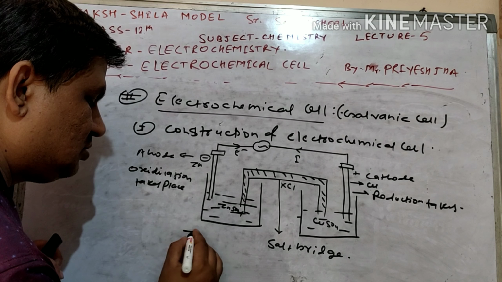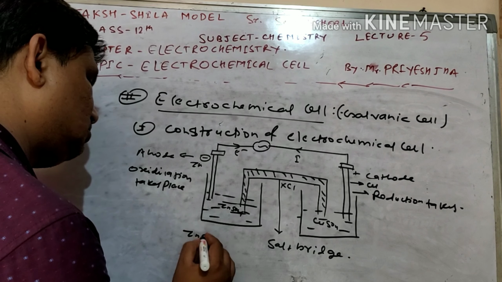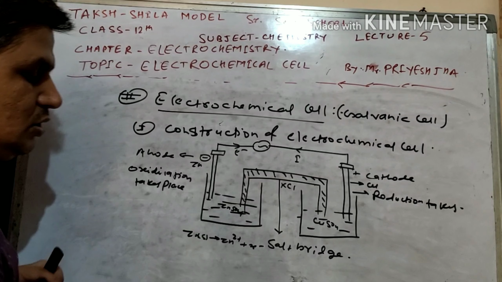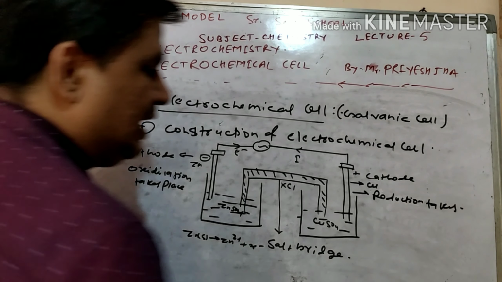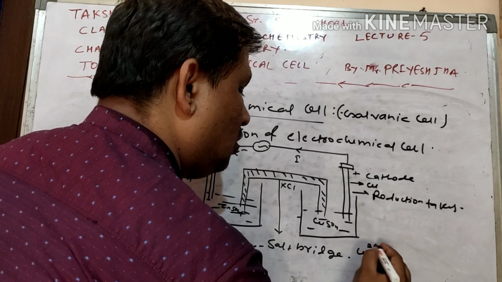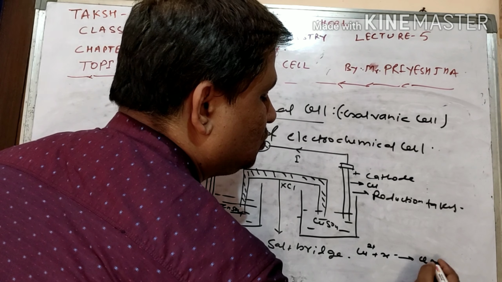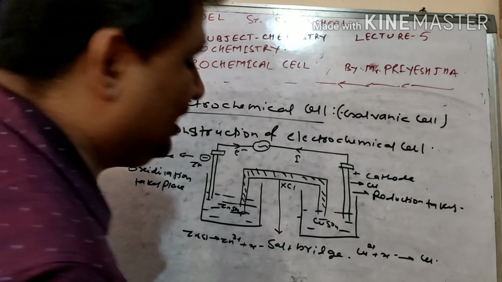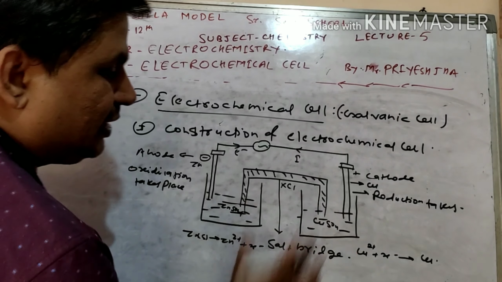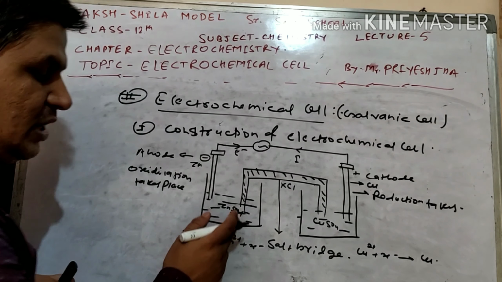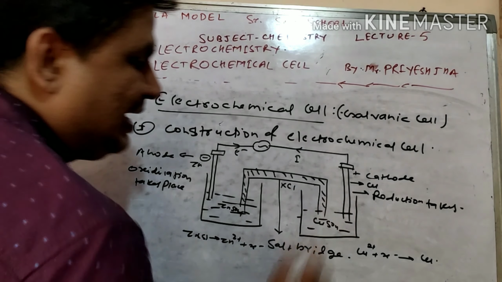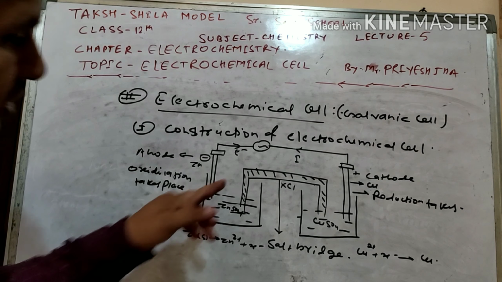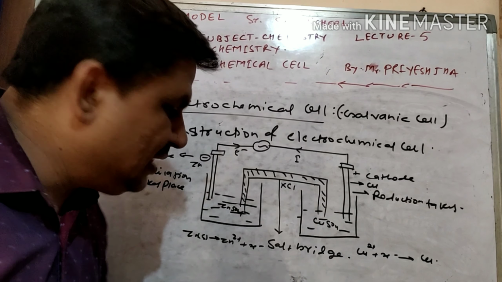In this case Zn is converted into Zn2+ plus 2 electrons, because oxidation takes place, and Cu2+ takes 2 electrons to become copper. These are the half cell reactions which occur in the anodic and cathodic compartments. Here the U shape is known as the salt bridge.